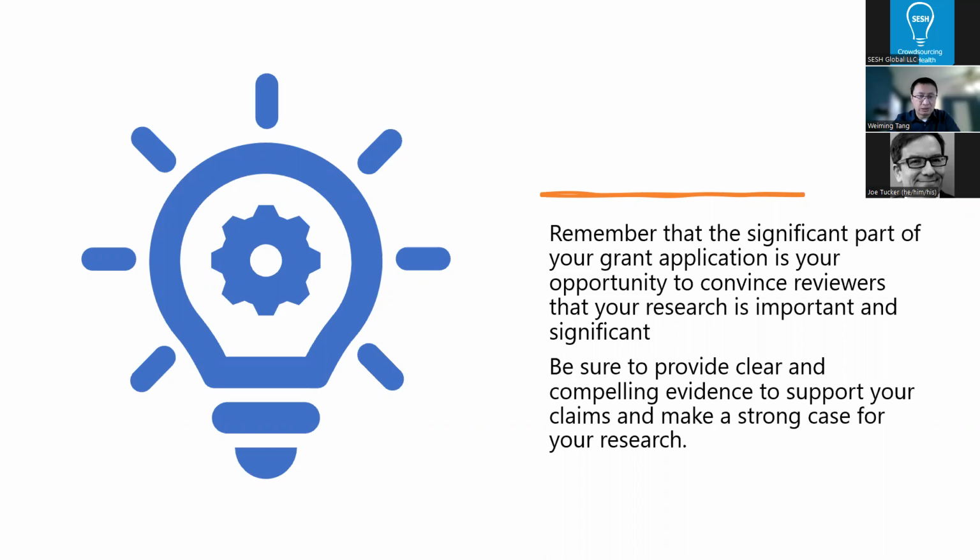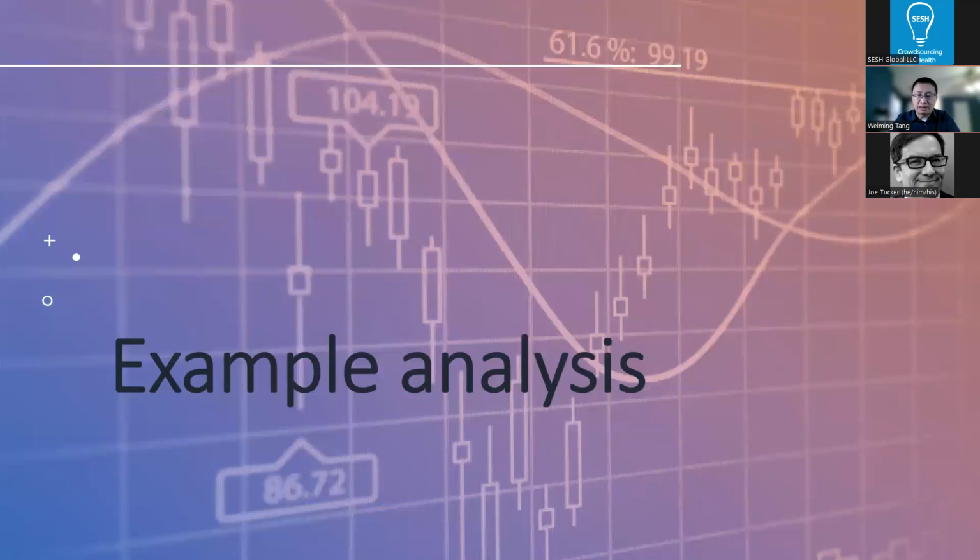We need to clearly understand what we should put into the significance part. This is a quick introduction of the significance part, and I want to use one example to see how we address these problems, or how we mention these key things in our own grant proposal.